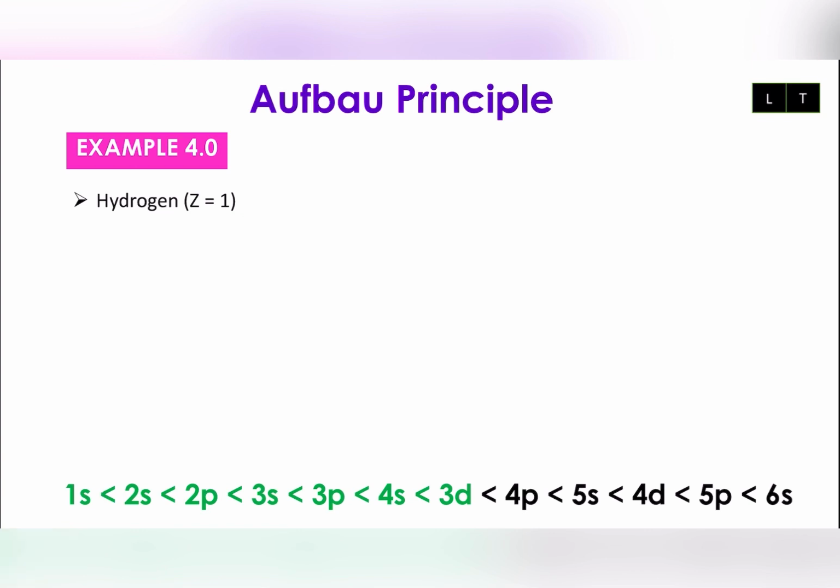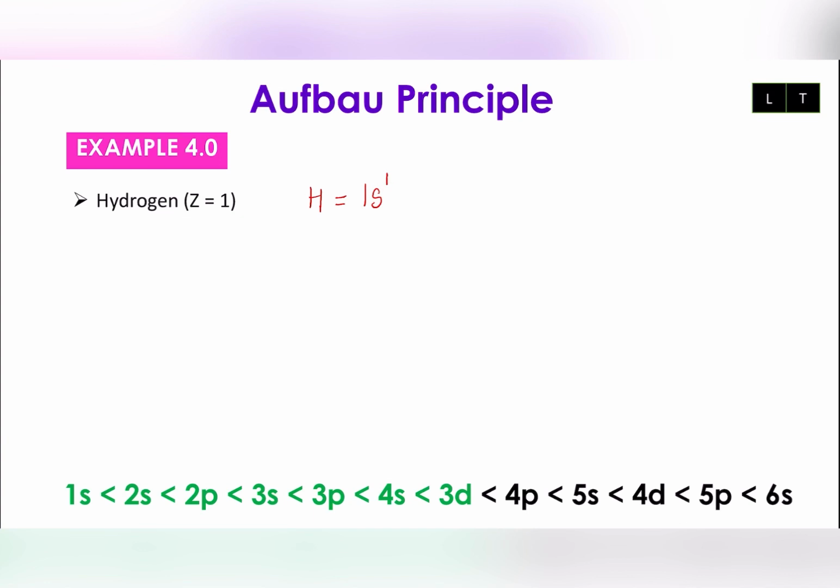So I'm going to write hydrogen with 1 electron. H is the symbol, equals 1s1. The 1 here indicates the first energy level, s is the s orbital, and the power of 1 indicates 1 electron in the hydrogen atom.